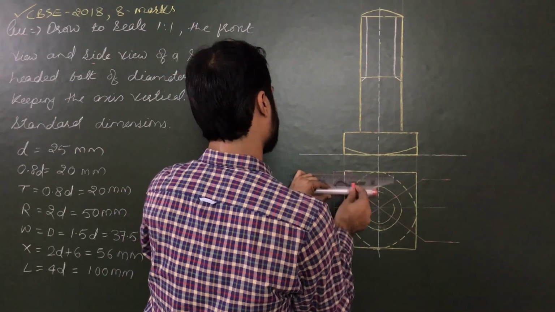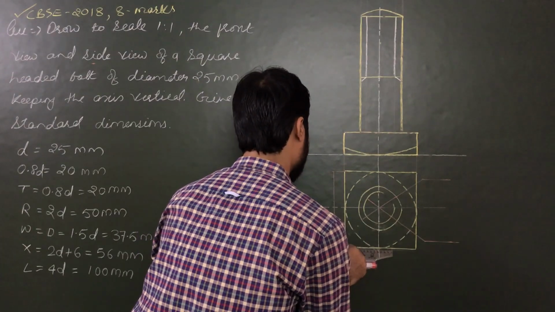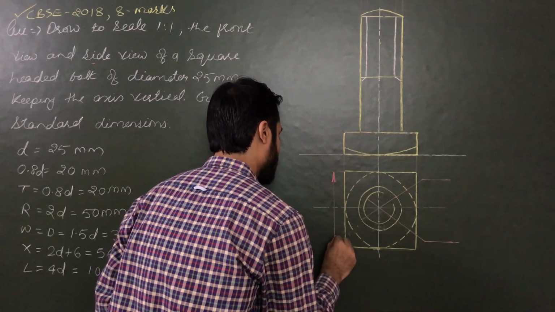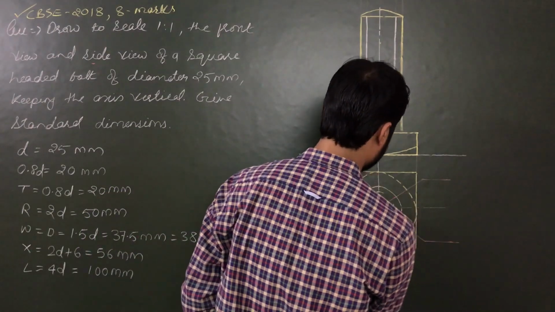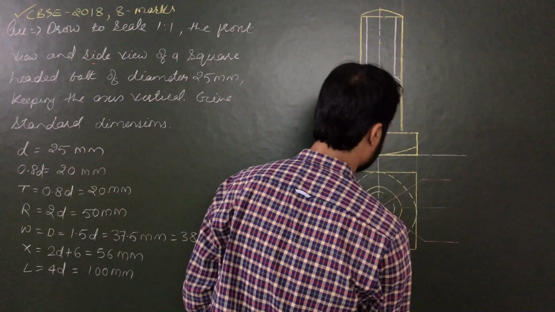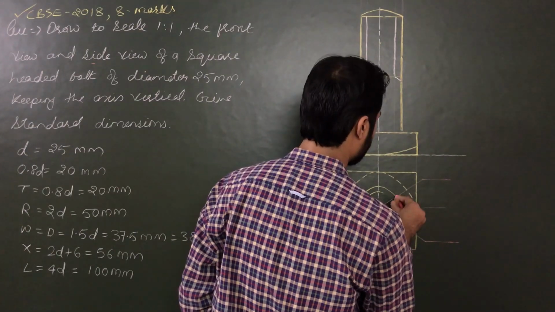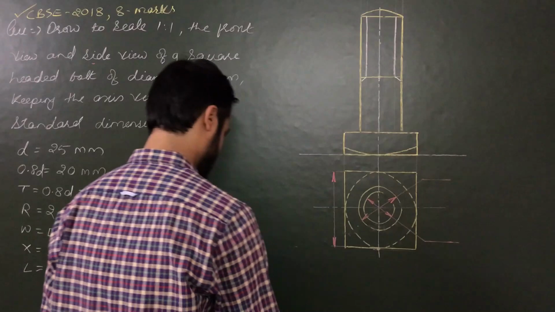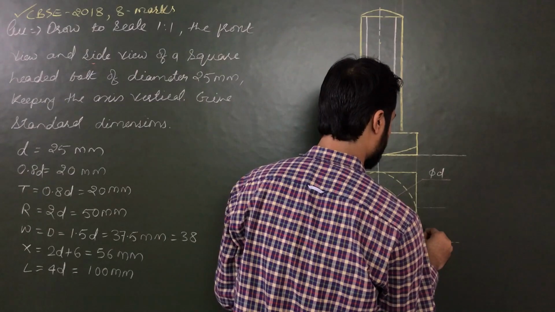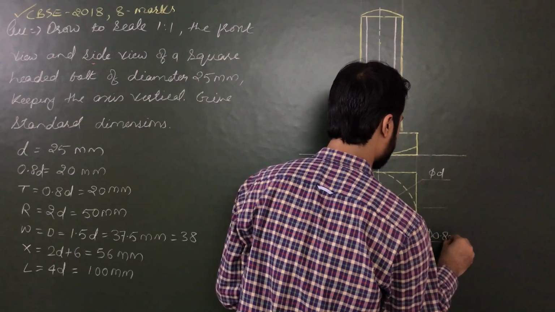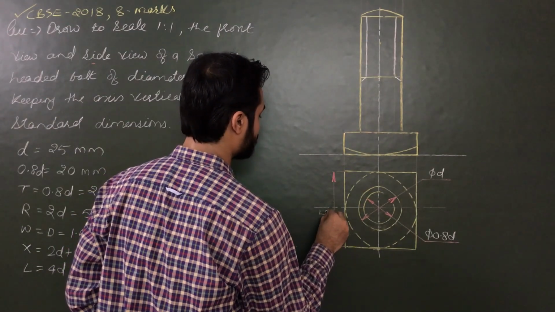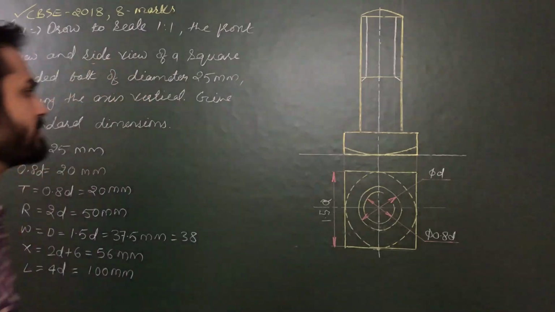And please use extension and dimensioning lines for dimensioning, and please use the proper pencil for dimensioning of these limits. So this is dia D, this is 0.8 of D. Here the dia is 1.5 of D, 1.5 of D.